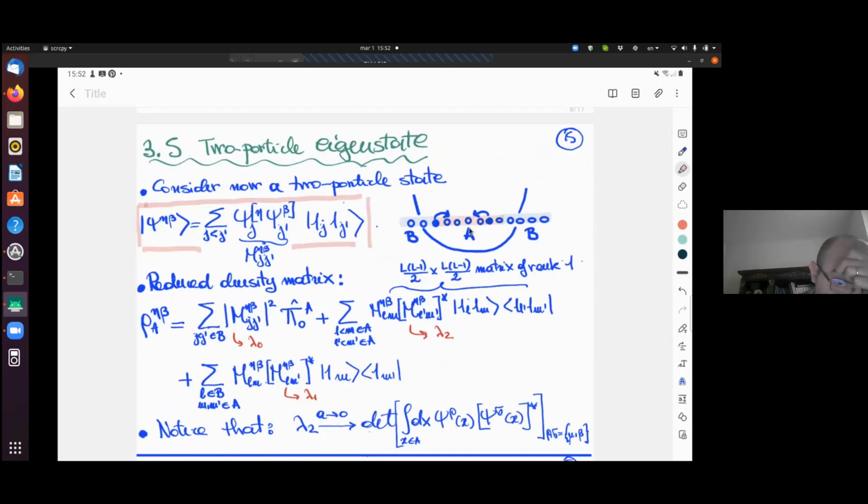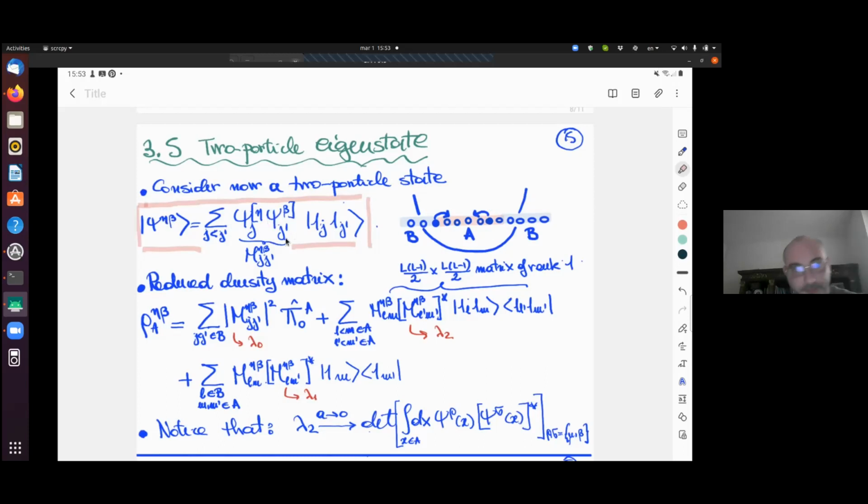At the end, we will focus only on the classically allowed region, and the interval A, which we are allowed to observe, is within this classically allowed region. The wave function will be an antisymmetric linear combination of the two-particle states, with particles at sites j and j prime, antisymmetrized over the quantum numbers eta and beta, because this is a fermion.